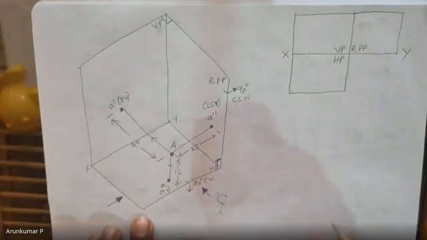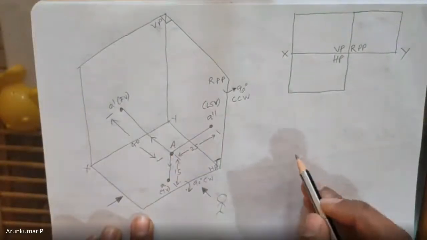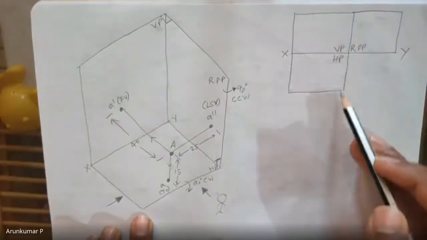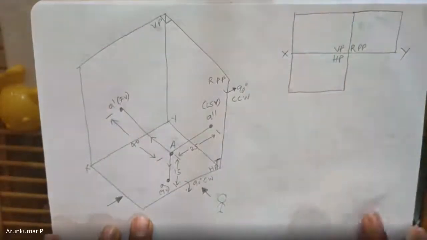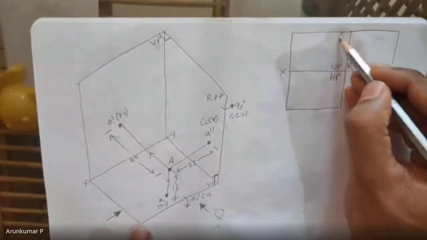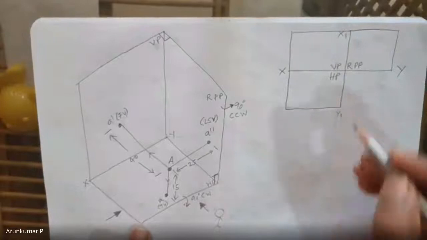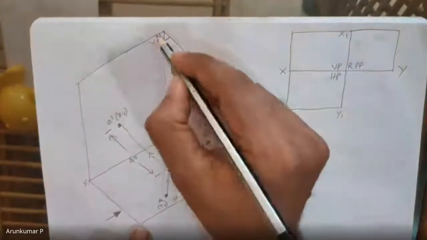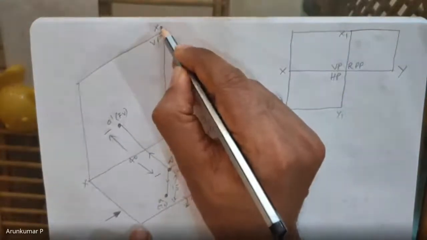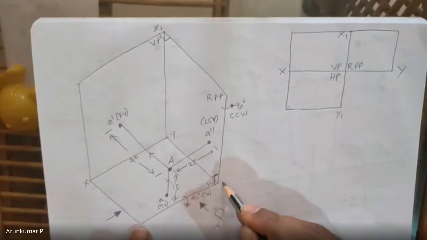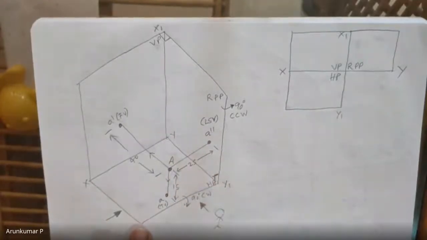Okay. And how are we going to draw this? Same way, you draw the XY line and a perpendicular line, which we will call X1, Y1 for the time being. X1, Y1 is basically this line. I hope you can see this. This is X1 and till the end here, this is Y1.